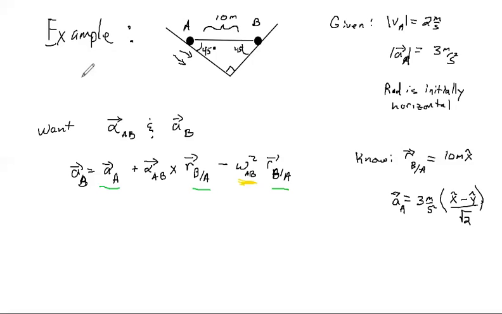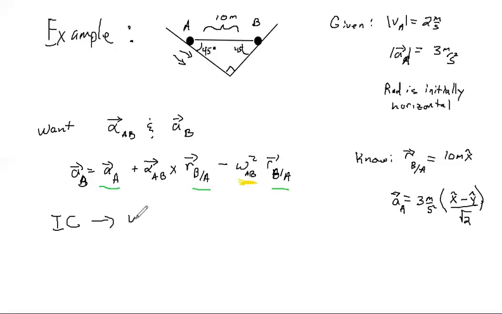So our plan is this. We're going to first find omega AB, and to do that I'm going to use an instantaneous center of motion analysis.